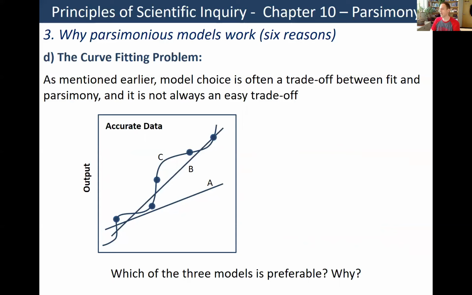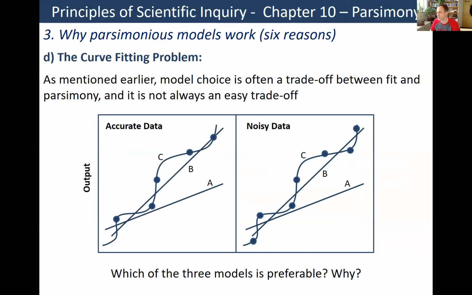In this case, we have accurate data, data that is not subject to noise or error, right? In that case, we might be inclined to choose model C if we know that the data are not noisy, right? Because all of the points go through it. That means it fits the data very well, but it's certainly not the simplest. But without noise, we can probably rely on that.